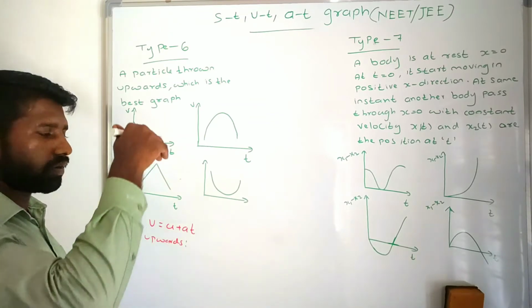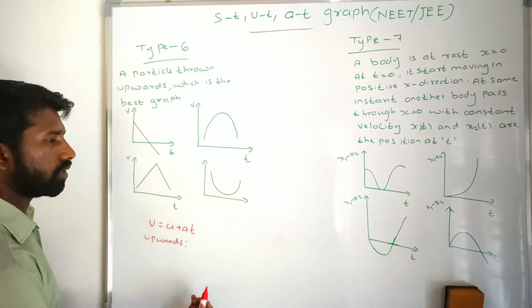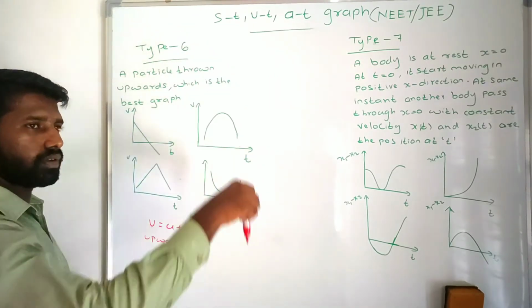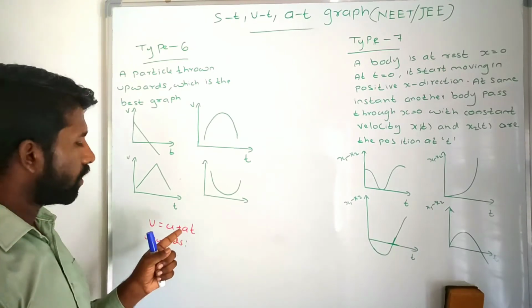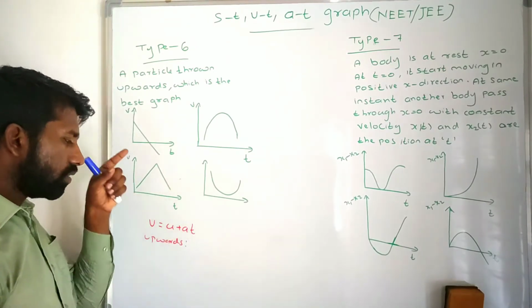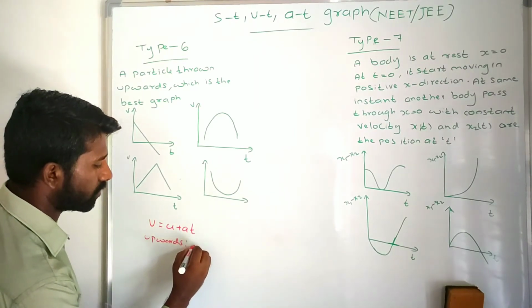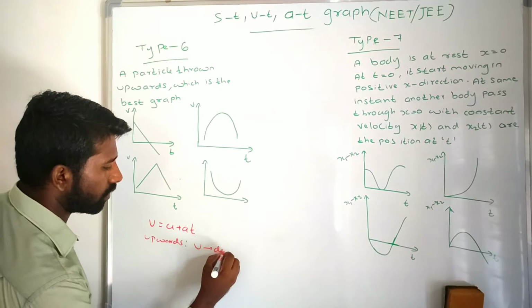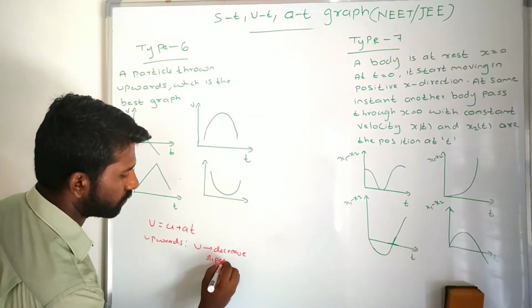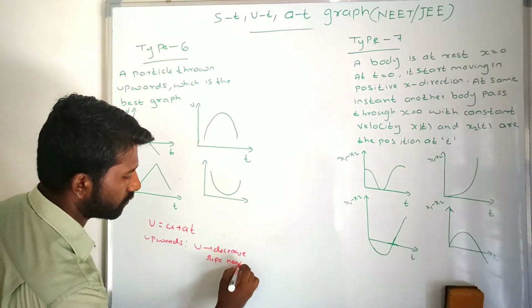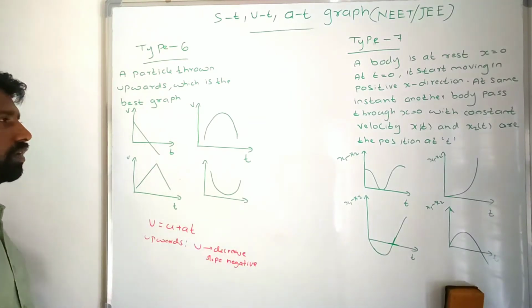Going upwards, the velocity decreases. The slope of this graph is the acceleration, and the slope is negative.